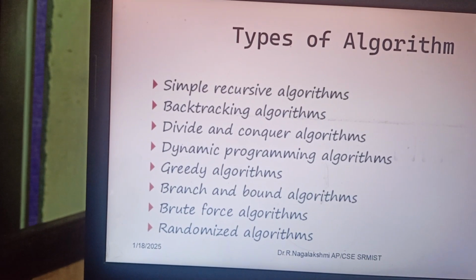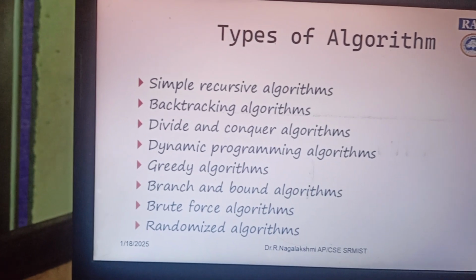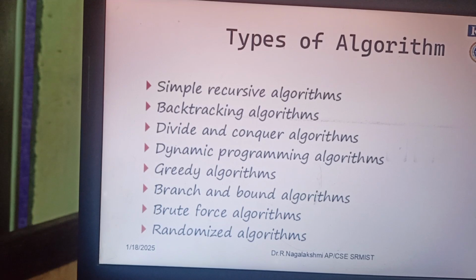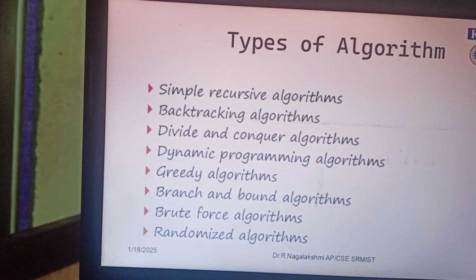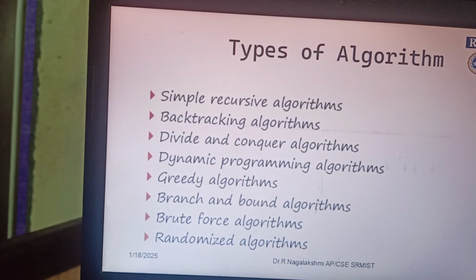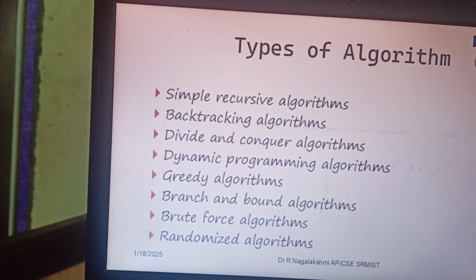Let's discuss the types of algorithm. Based on the user requirements, the problem has been designed, so the problem design depends on the category of algorithm. If my problem is a mathematical problem, like a Fibonacci series or factorial, I can choose recursive algorithms.